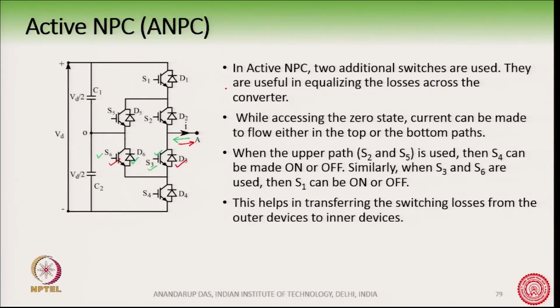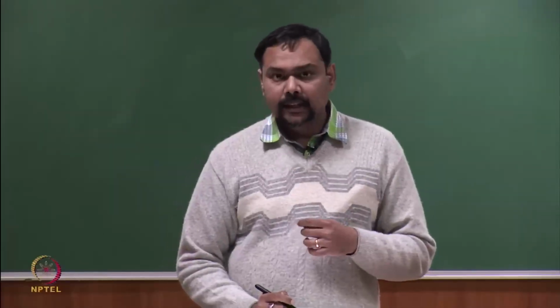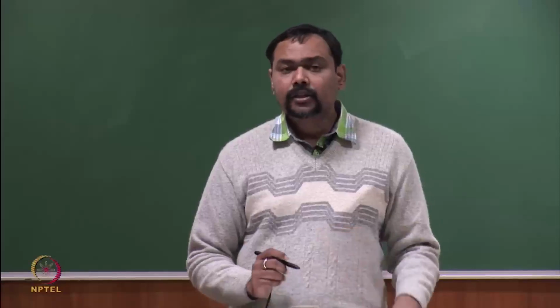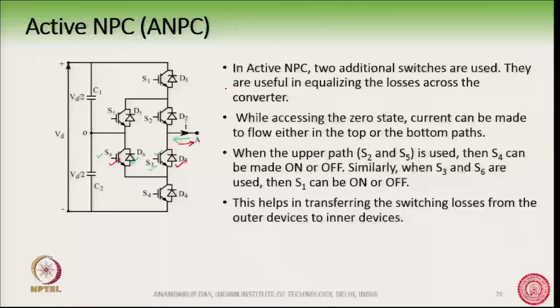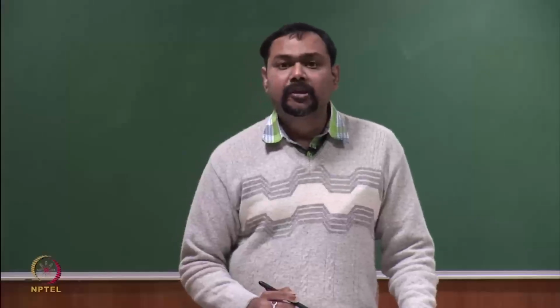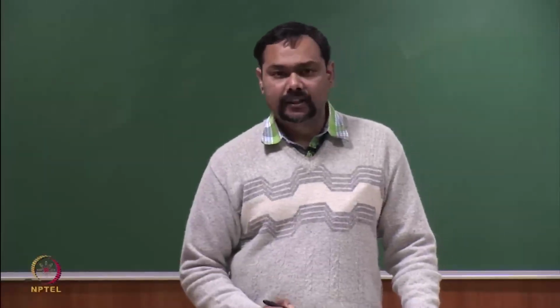Why do we do that? Because next time after the 0 state, if I want to switch to the plus state or the minus state, then the switching losses can be minimized, or I can say the switching losses can be transferred from the outer devices to the inner devices.